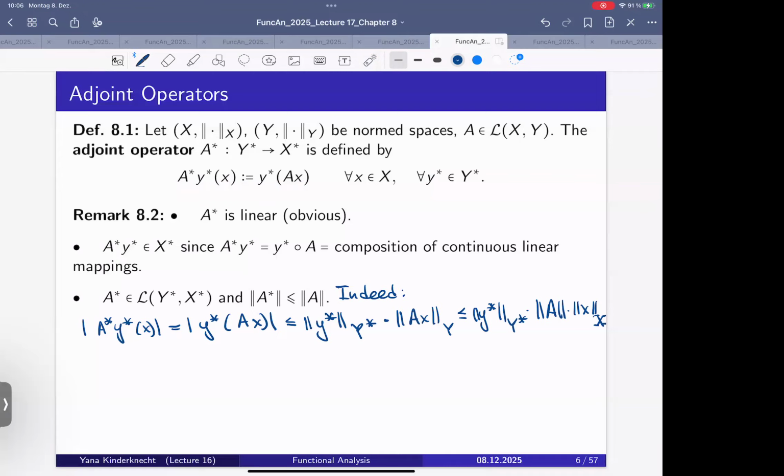Having this, we see that the norm of the linear functional A star Y star, it is a linear functional on X, by definition, is the supremum over all X from the closed unit ball of such things.